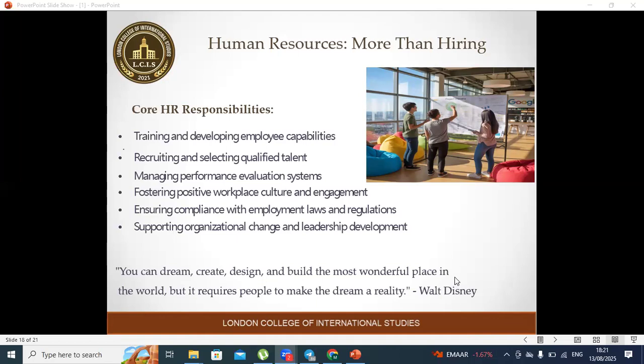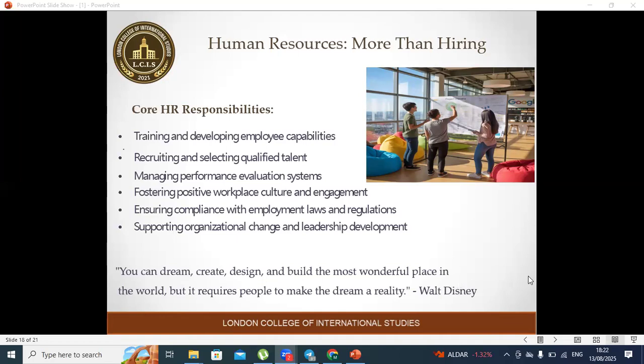Managing performance evaluation systems, fostering positive workplace culture and engagement, ensuring compliance, which means التزام, with employment laws and regulations, because some people can't be employed in your company. So the HR responsibility is to make sure they are the best for the business. Supporting organizational change and leadership development.